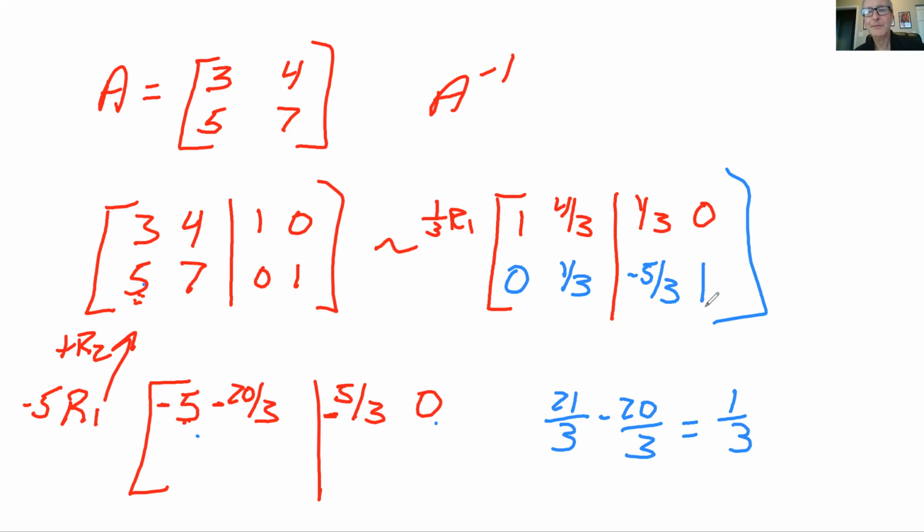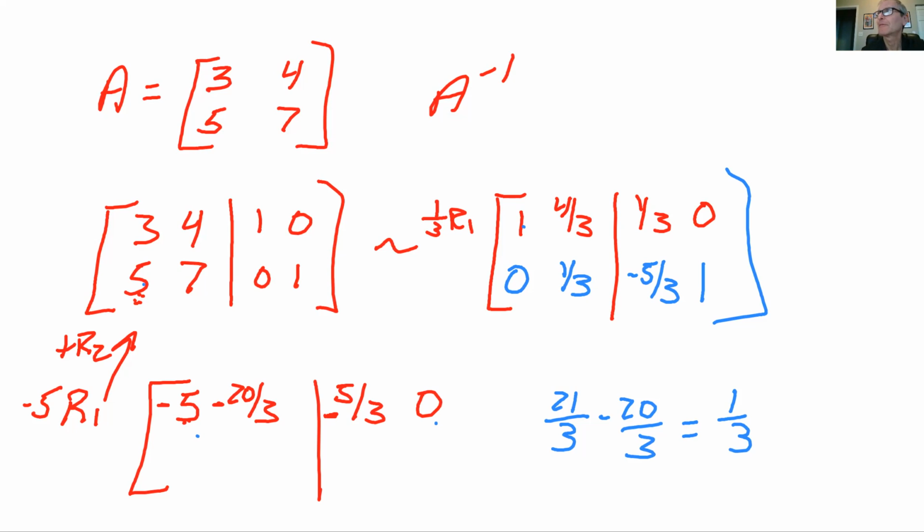Okay, so now we're in good shape with regards to this being 0 and this being 1. So now we have our first column taken care of. So now we need our second column that we have to take care of. And so how do we take care of our second column?